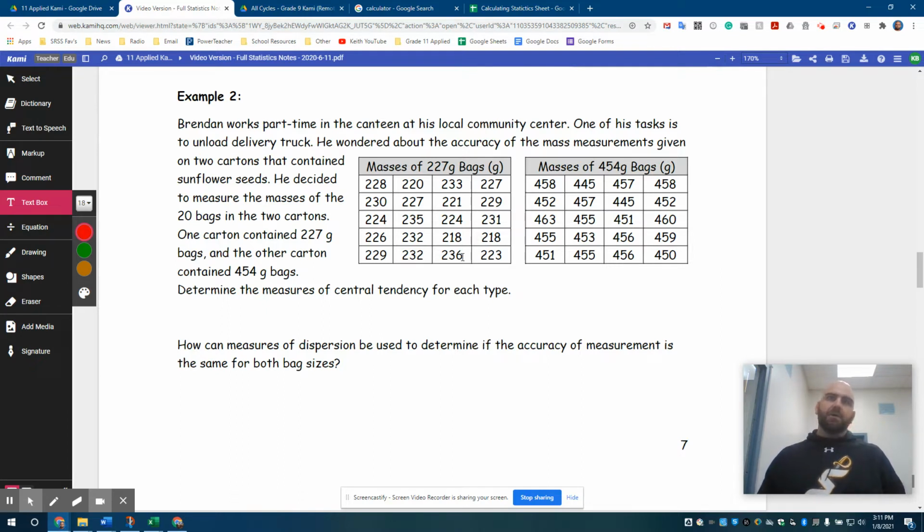So there's a low and a high, which means that there is not actually a set amount in there, but it's pretty close. Really 227 grams is the normal based on a large grouping of data, and we'll talk about where certain things fit in a little bit later on. Now, what we want to figure out is, do the bags in this carton actually average out to 227? We're going to find our different measures of central tendency.